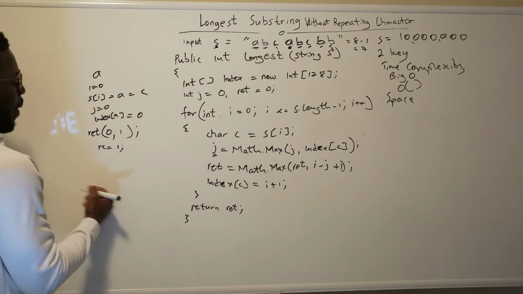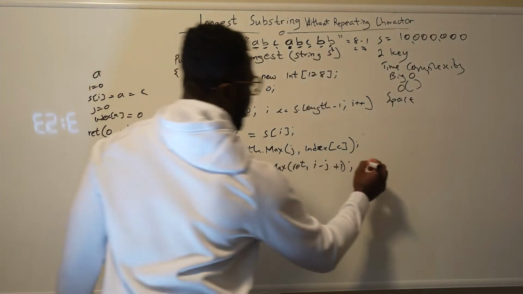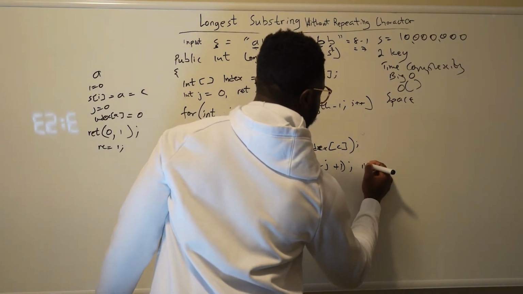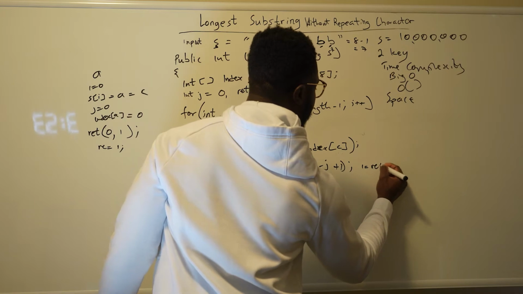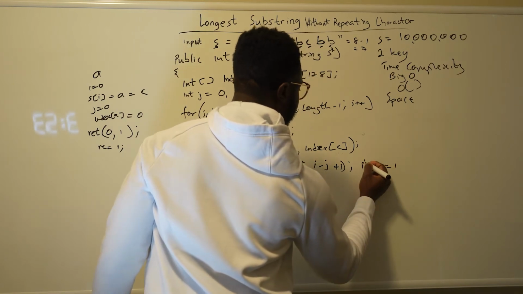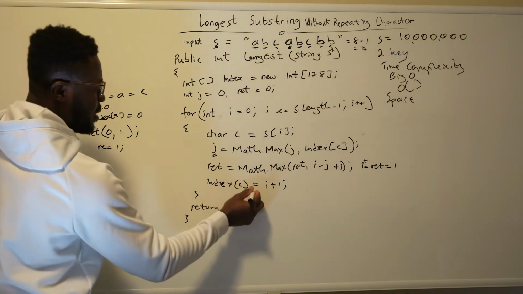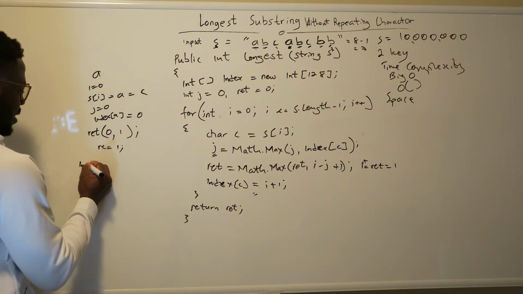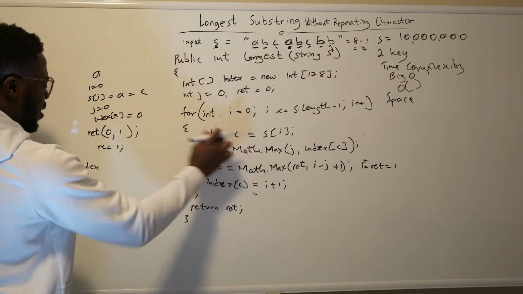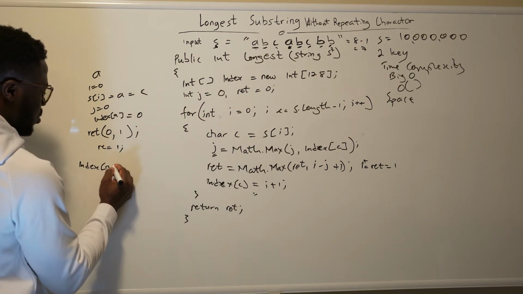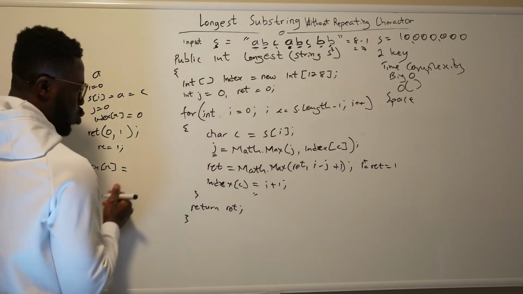Return is 1. But after the return, so after the first iteration, return is equal to 1. Perfect. Then the key thing is this: index C here, C is A, it's equal to I plus 1, which is 0 plus 1, which is 1.